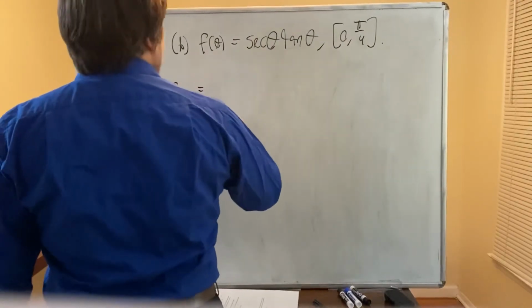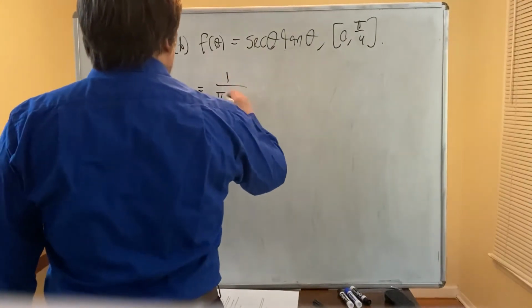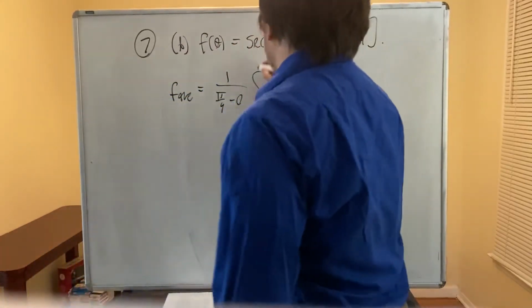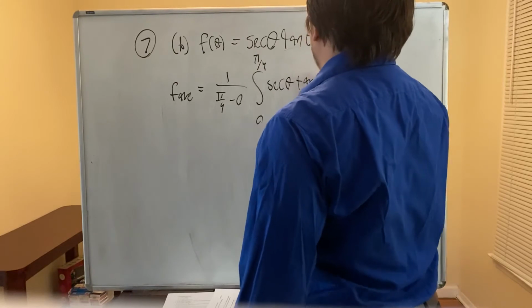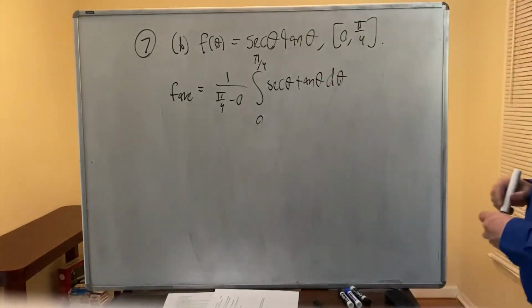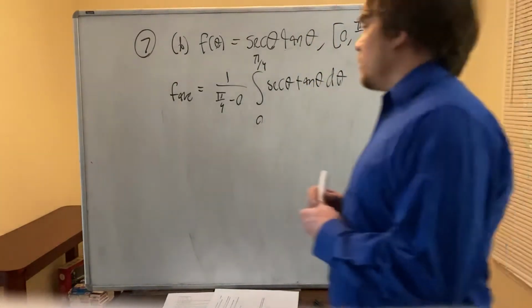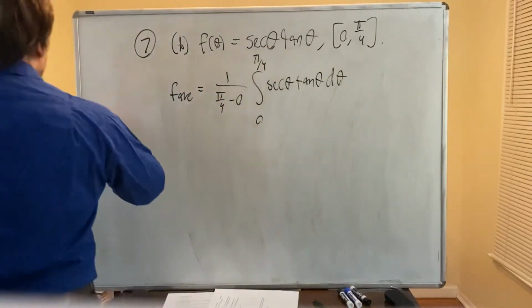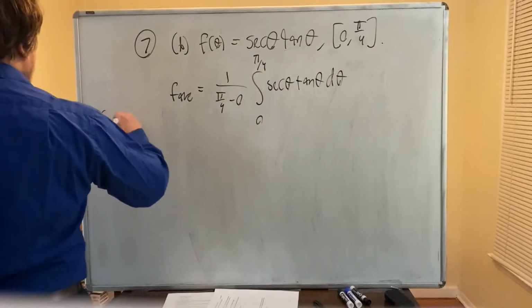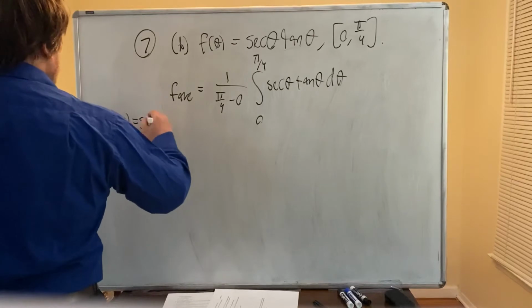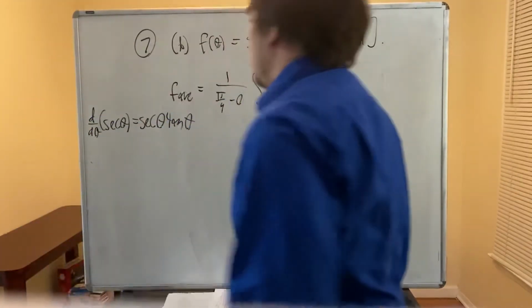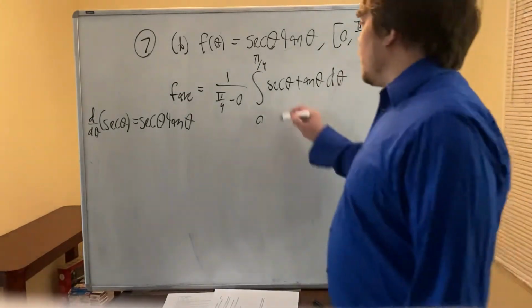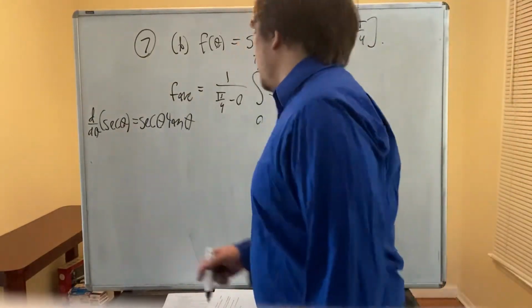So the average value of f is equal to 1 over pi over 4 minus 0, times the definite integral from 0 to pi over 4 of secant theta tan theta d theta. Alright, well, I'm going to use theta now. The derivative of secant theta is secant theta tan theta. So an antiderivative of secant theta tan theta is secant theta.